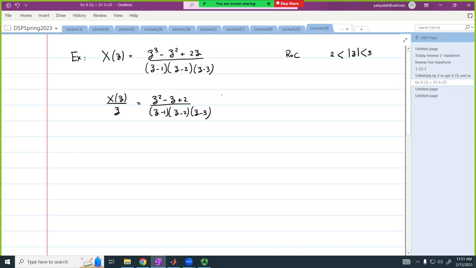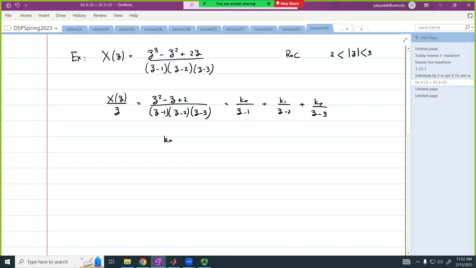Unlike the previous example where we had a new term that we had to expand with z, here we do not. So if we expand this, it's going to equal K0 divided by z minus 1 plus K1 divided by z minus 2 plus K2 divided by z minus 3.